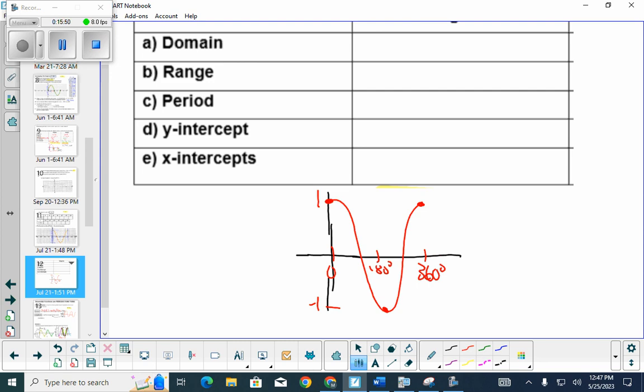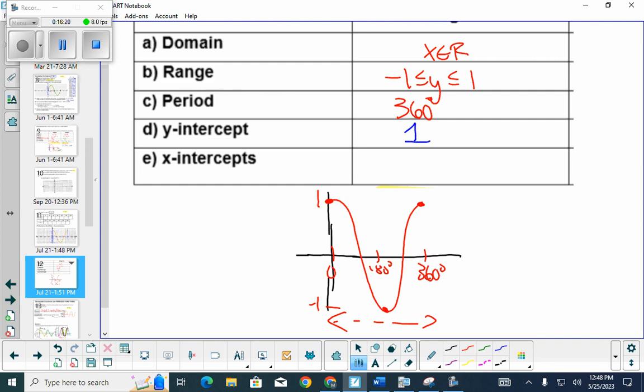So domain, remember it goes forever because that's the point. Range, same thing. Bottom, top. Right? Bottom to top. Period. Is the length of the repeat still 360 degrees? Yes. Now, here's what's different. Where's your y-intercept at?